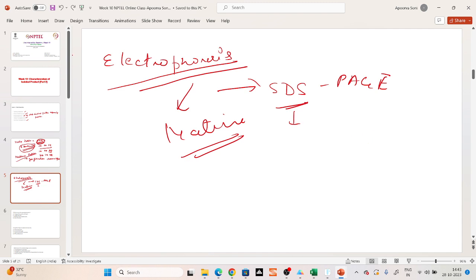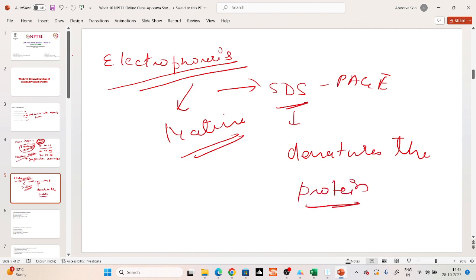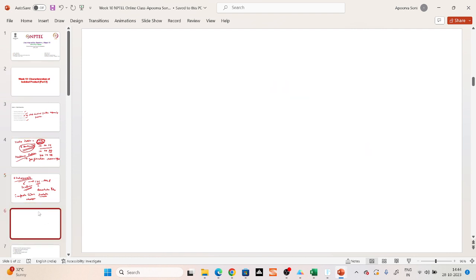So basically, SDS denatures the protein and it imparts negative charge. Fine. So what happens is that when you are using denaturing conditions, you use beta mercaptoethanol or dithiothreitol.